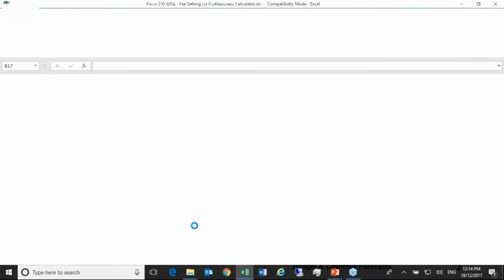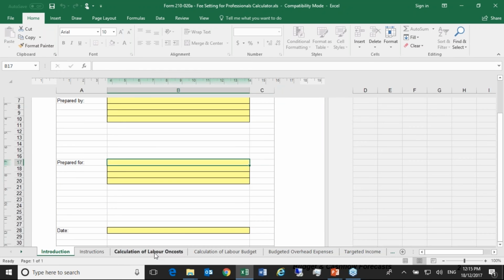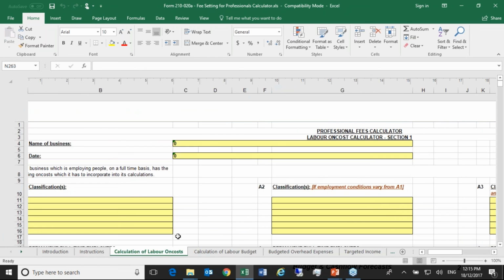We're now going to have a look at the professional fees charge out calculator. We believe that this calculator could be used for a wide range of professional practices. The instructions are very similar.